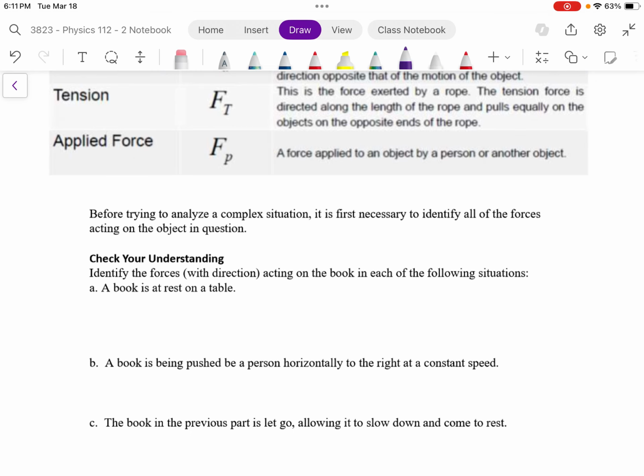So we have a book that's at rest on a table. What forces are acting on that book? Well, we have gravity that's pulling the book down, and we have the normal force that's stopping the book from sinking through the table. Okay, now I'd like you to pause the video and answer which forces are acting in each of these situations.